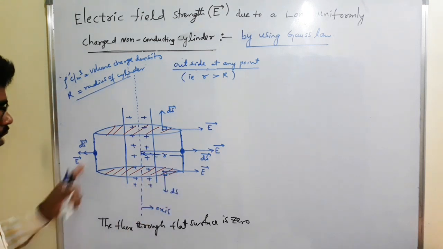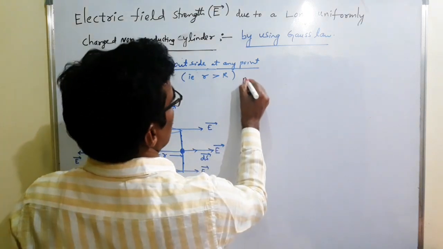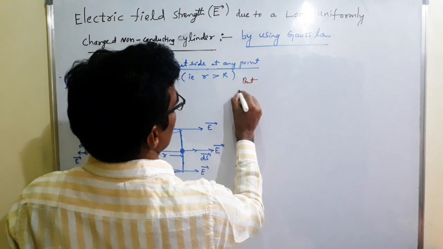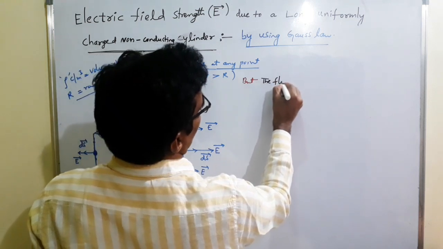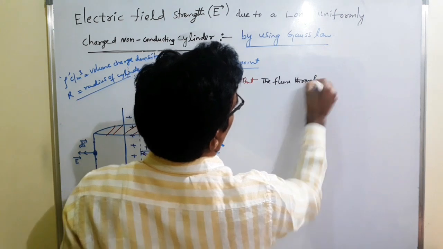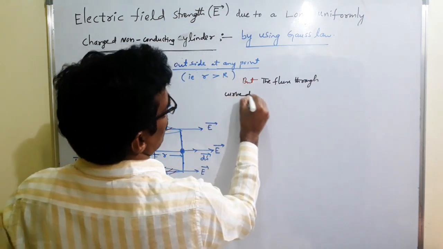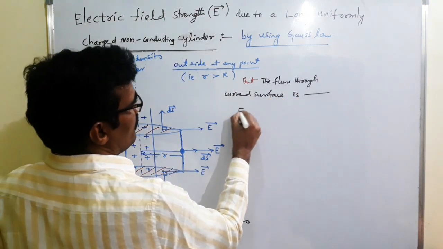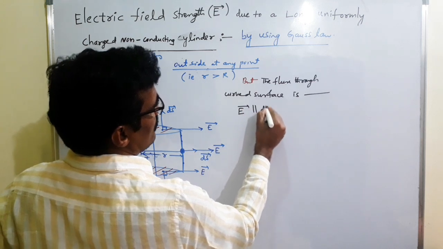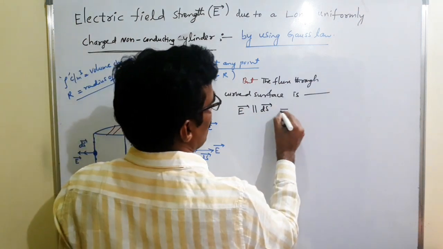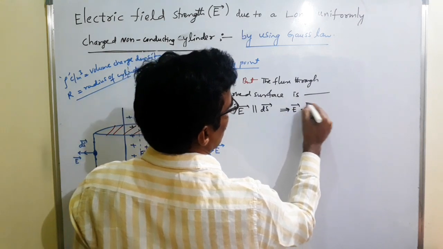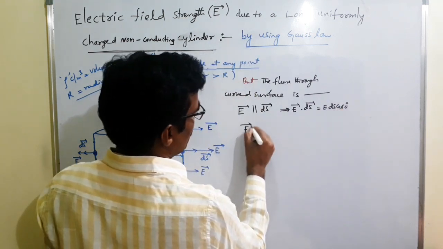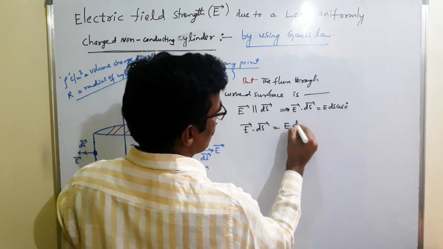What about the curved surface? The angle between E bar and ds bar is 0 because both are parallel to each other. Therefore E bar dot ds bar equals E ds cos 0, which is E ds.